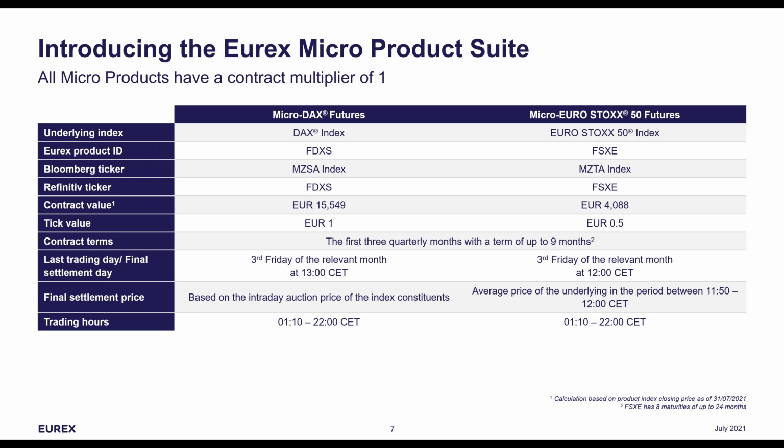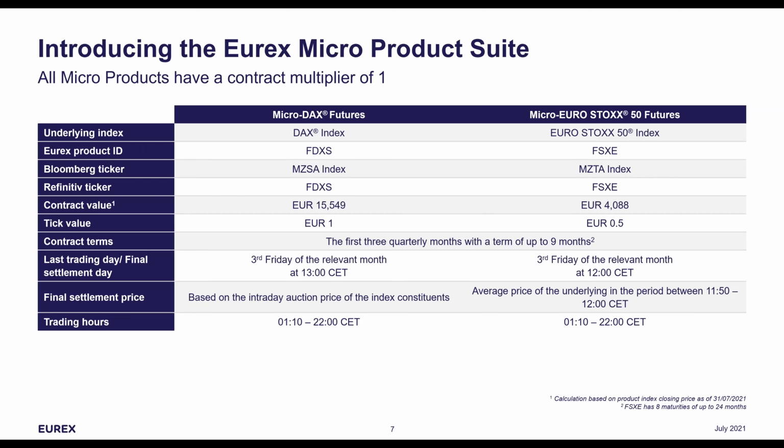We can see here the development from 25 euros to 5 euros and now to 1 euro per index point. That also makes it easy to track the contract value and the performance of the product. As I said, the index is around 16,000 points, equals 1 euro per point, and then we end up with a notional value per contract of 16,000 euros. The same logic applies to the Euro STOXX 50.